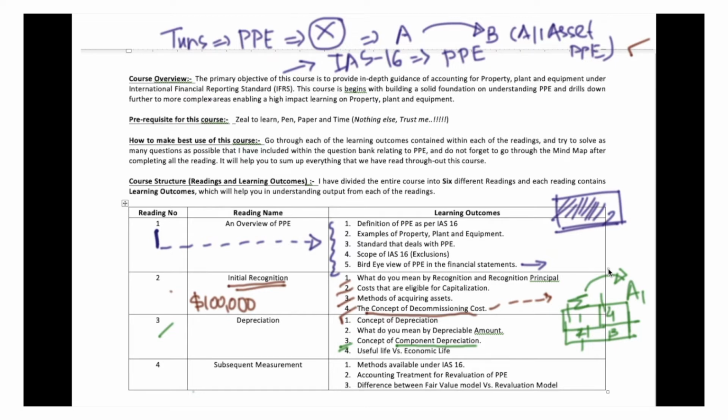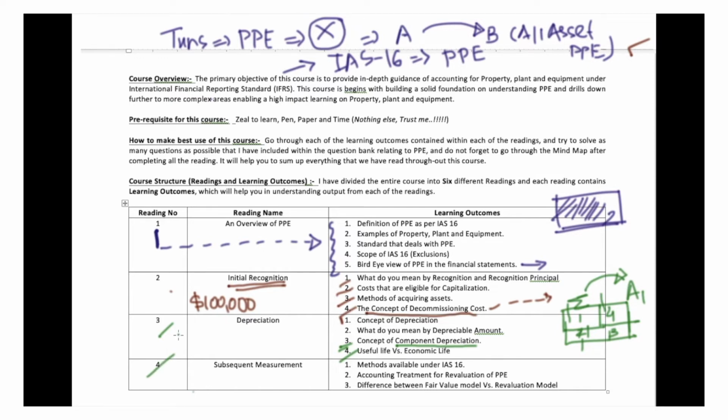It's only for the computation of depreciation. We will discuss the component depreciation part in detail. Then we will discuss useful life and economic life. What's the difference? Because the depreciation amount depends on the useful life. The standard says we need to depreciate the asset over its useful life. Now we will understand what we mean by useful life.